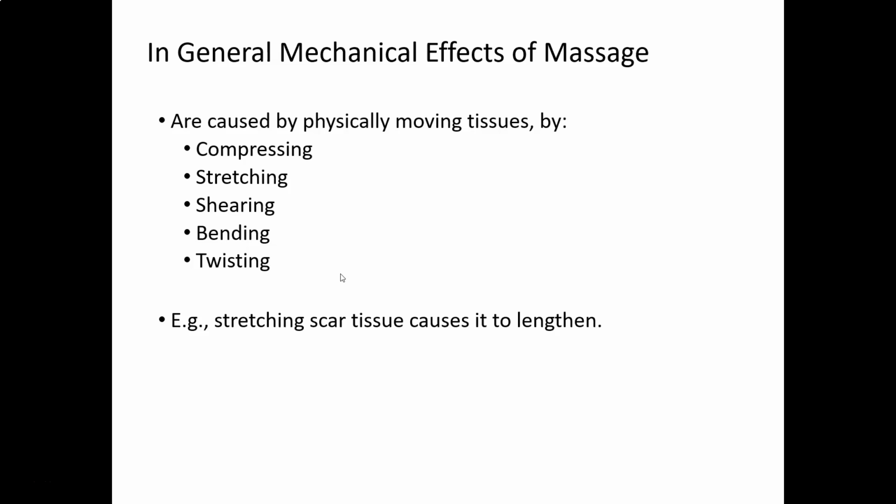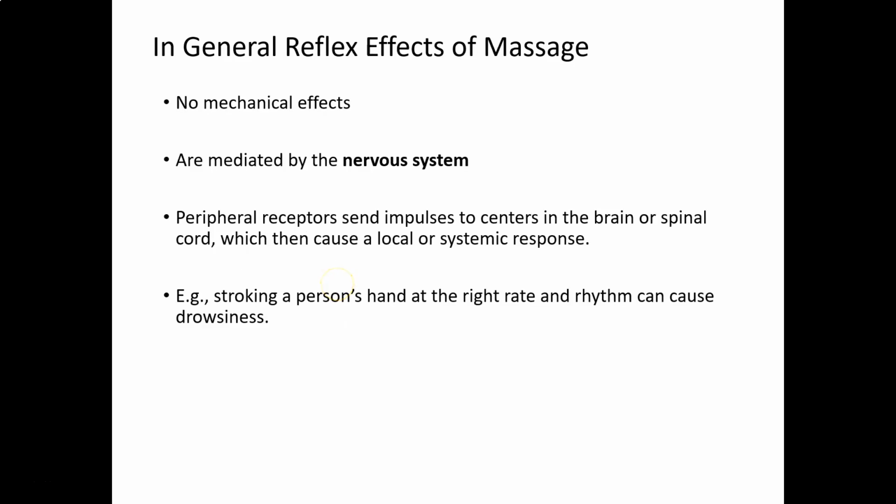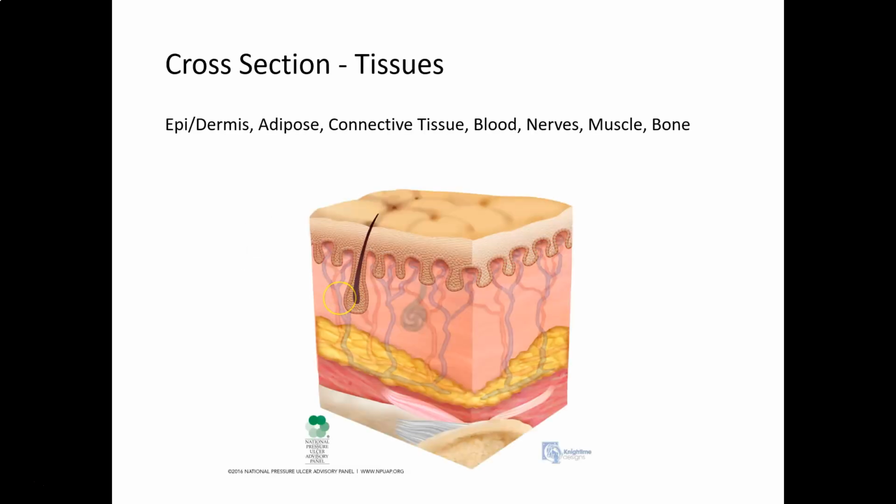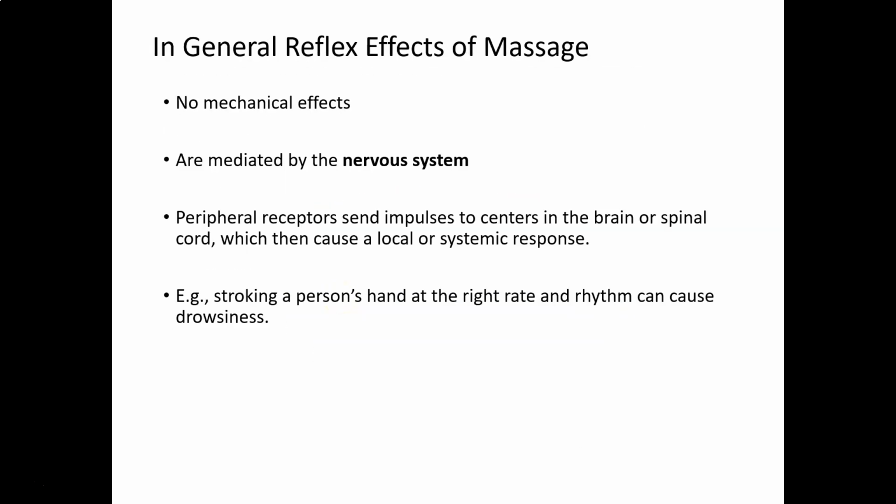General mechanical effects are caused by physically moving tissues. So general reflex is the nervous system affecting the nervous system. Mechanical, think of it as actually physically moving the tissue. Here we're doing light things that stimulate the nervous system.